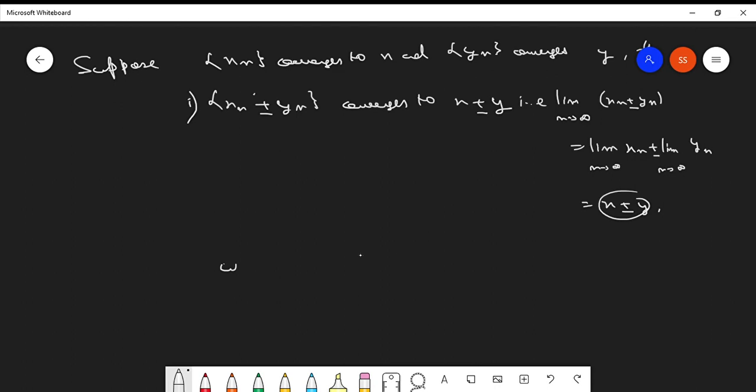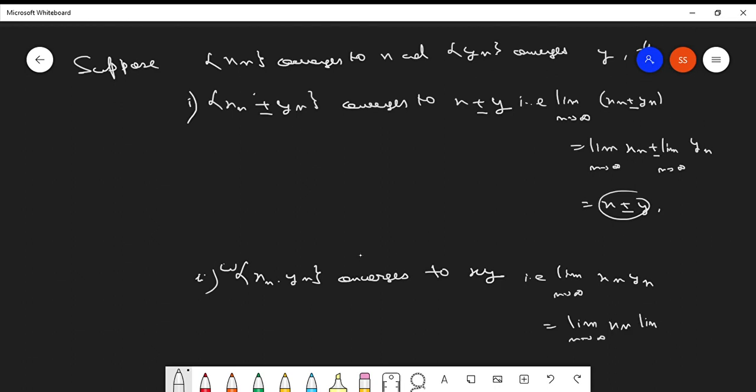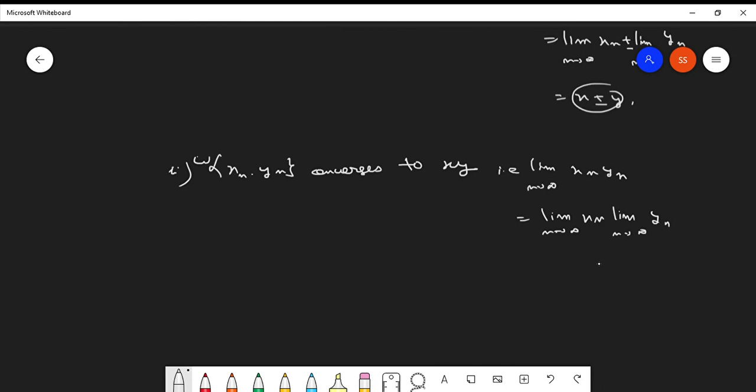For the product case also the same thing happens. That is, xn times yn converges to xy. Clear? That is, limit of xn times yn is equal to limit of xn times limit of yn, which is x times y.